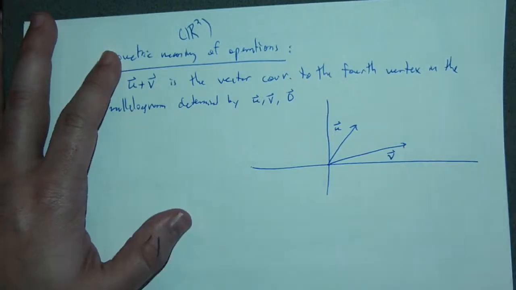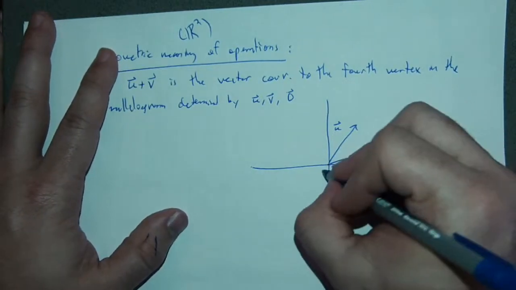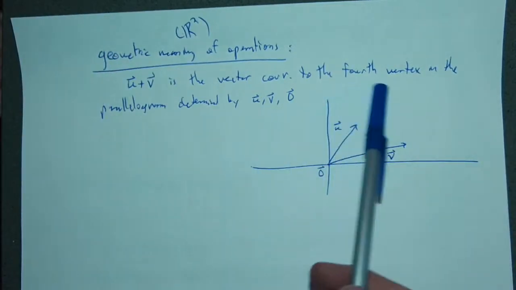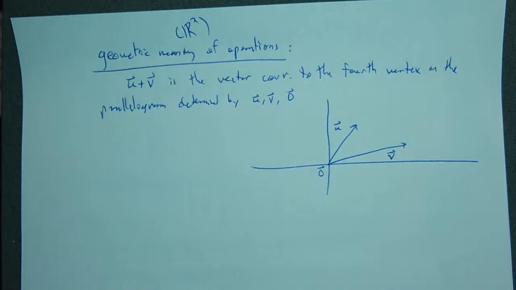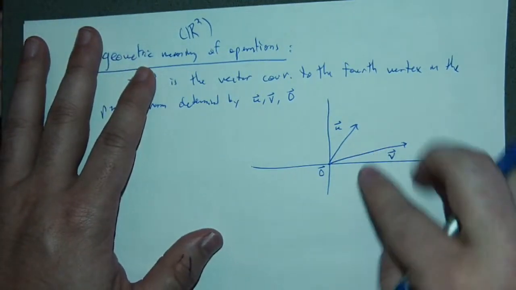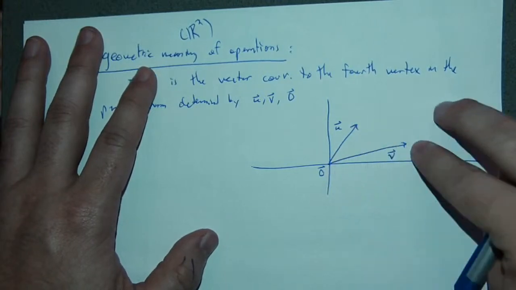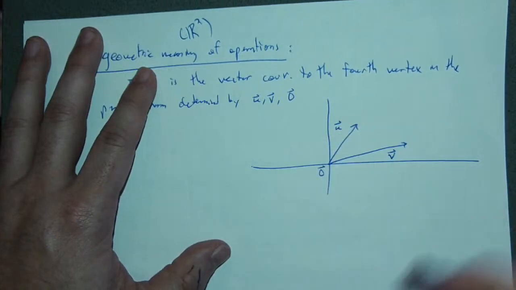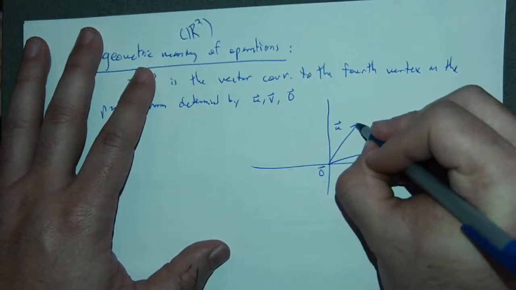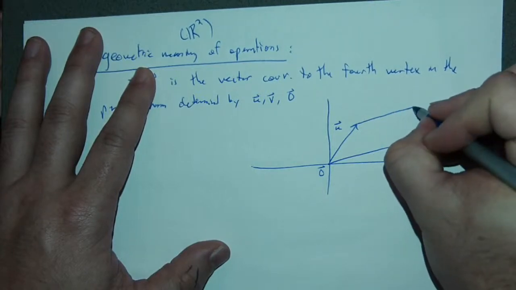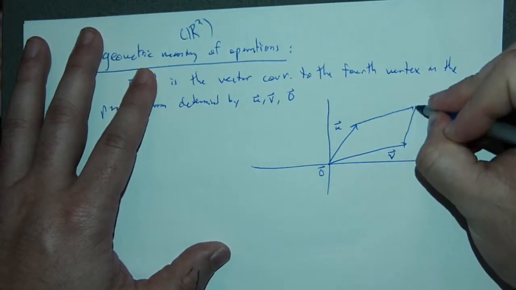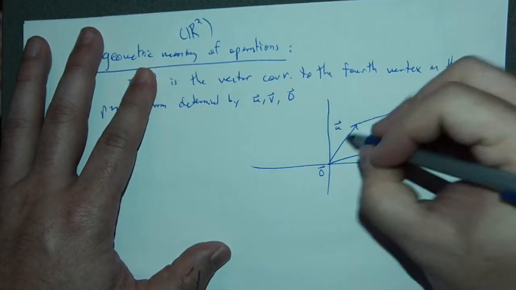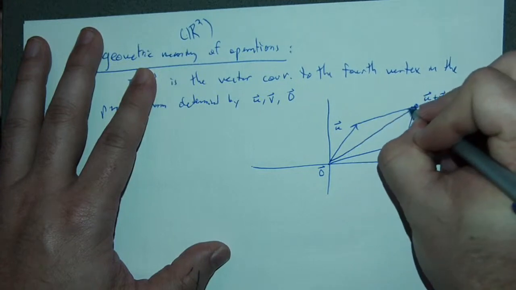These are really bad drawings here. I have my 0 vector at 0, so that's my third vertex. Where does this fourth vertex show up? Well, there's a couple ways you could do this. You could think about taking the vector u and sliding it along to the end of vector v, or taking vector v and sliding it along to the end of vector u. Either way you do that, you complete a parallelogram. And the parallelogram you complete has some vertex that is u plus v. And of course the vector associated to it looks like that.